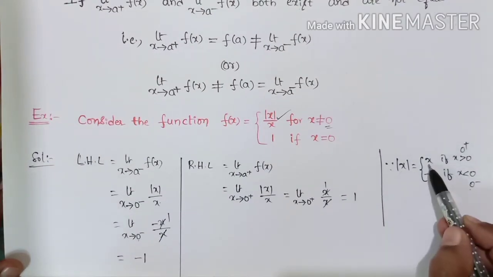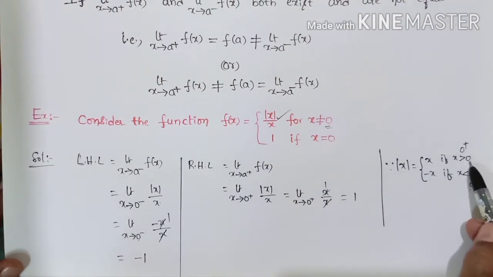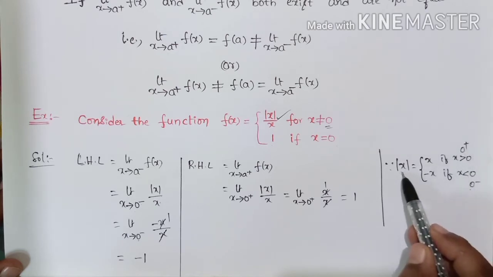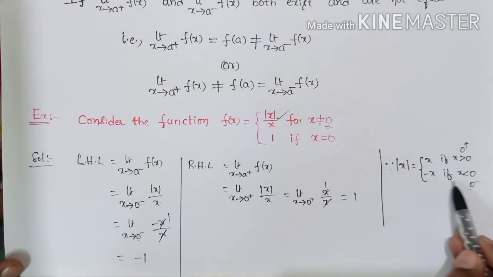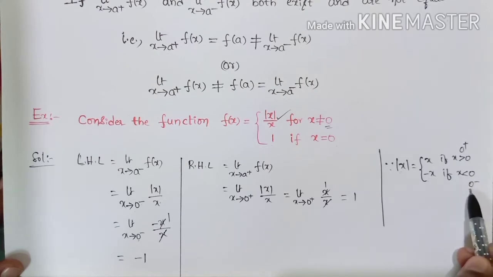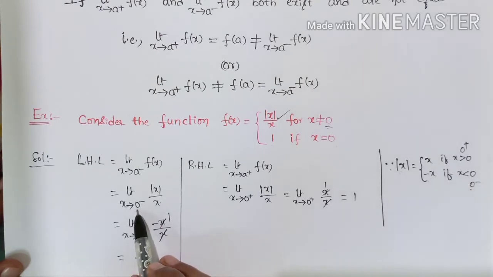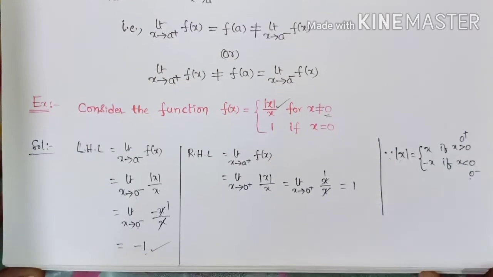Mod x is equal to plus x if x is greater than 0. Mod x is equal to minus x if x is less than 0, that is x is in the negative neighborhood of 0. So in the negative neighborhood of 0, we write mod x as minus x. Cancel x. Limit of constant is constant. Therefore limit of minus 1 is minus 1. So we got left-handed limit minus 1.